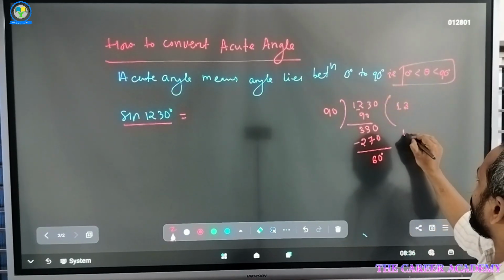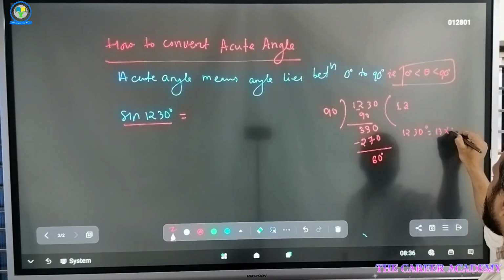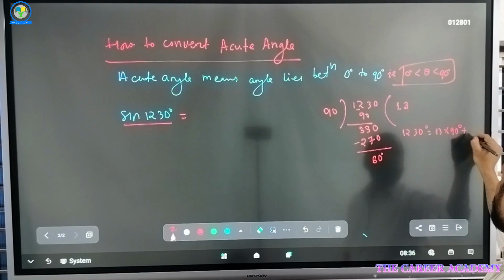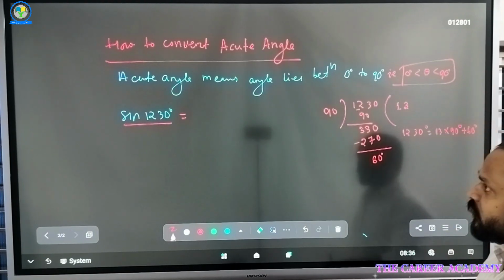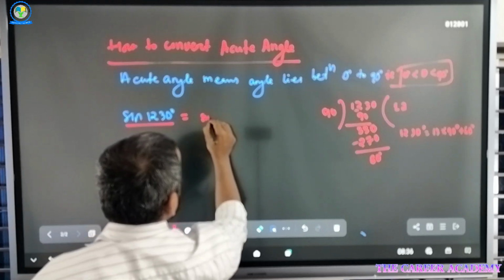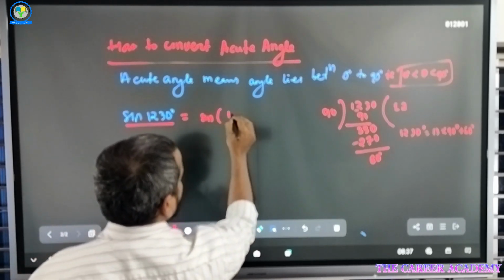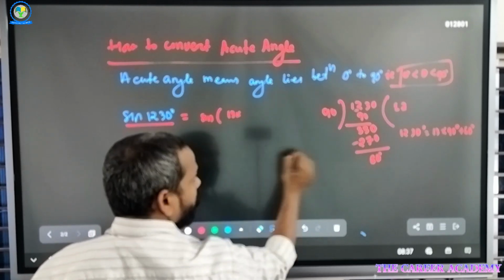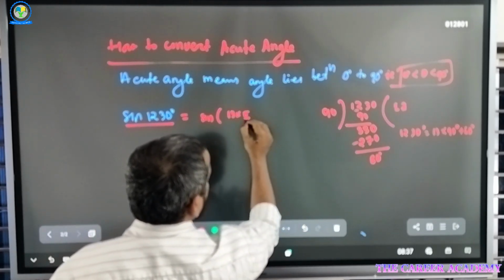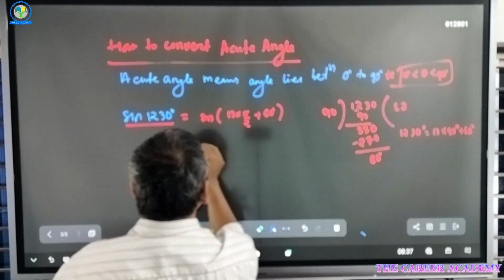That means we can write 1230 degree as 13 into 90 degree plus 60 degree. Now we can write sin 1230 degree as 13 into 90 degree, which is pi by 2, plus 60 degree.